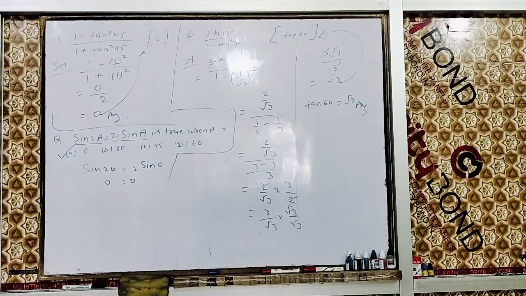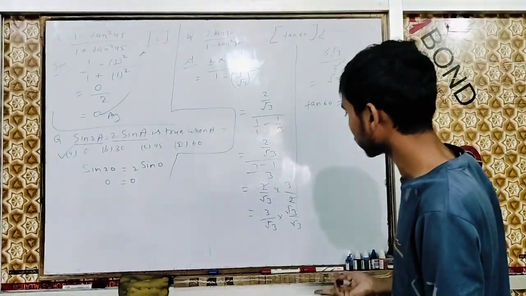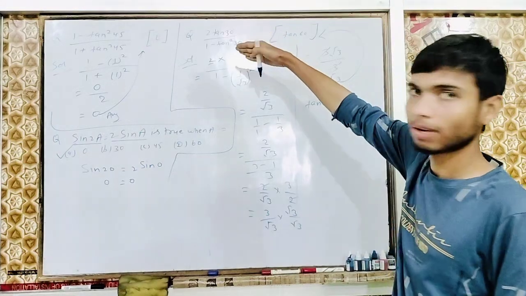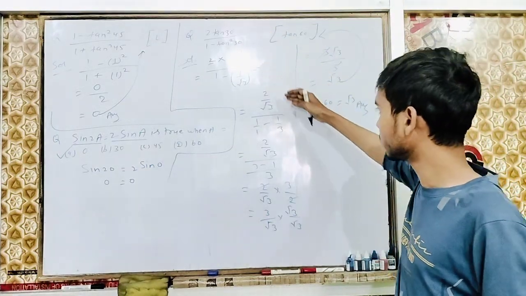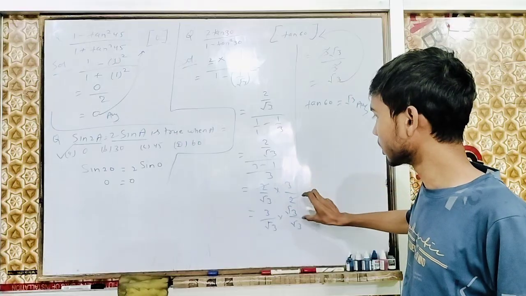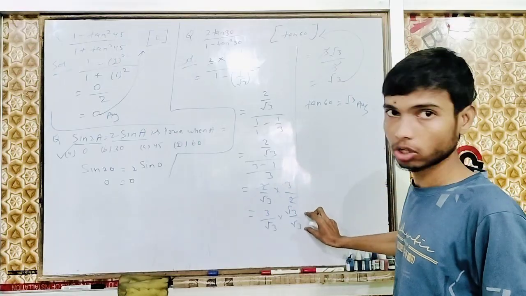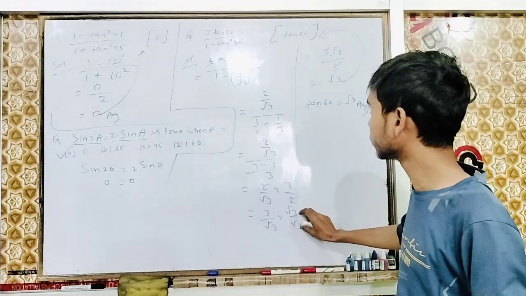That is how you will see. Here you can see what I did. I just put the value of tan 30, then the same here, and simplified this. Then you have to do rationalization.